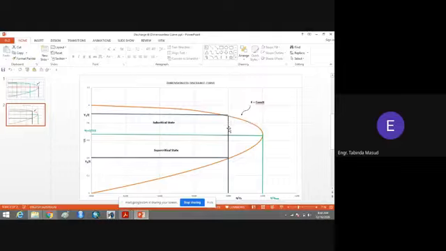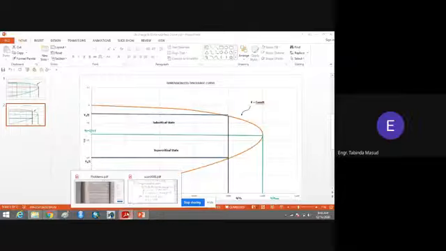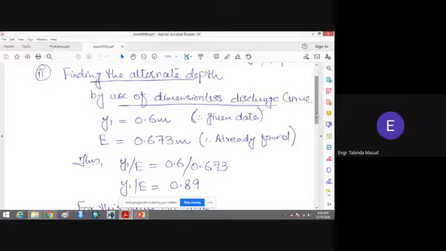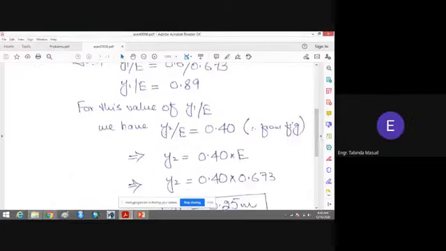Then we will come towards the lower limb of the curve, and then move towards the right side, and we will get that y2 by E is equal to 0.4.